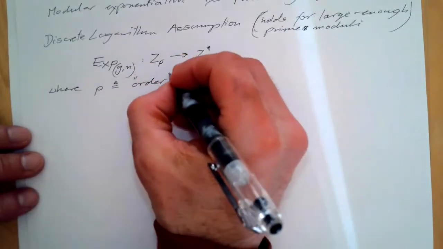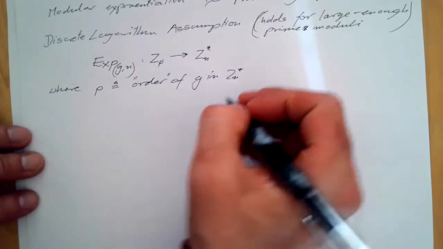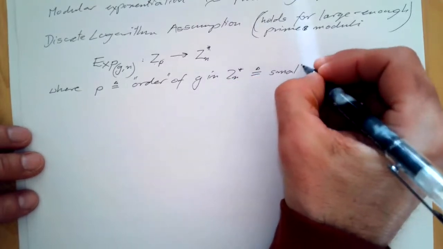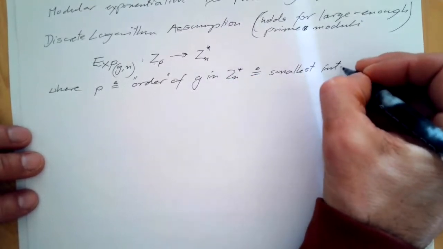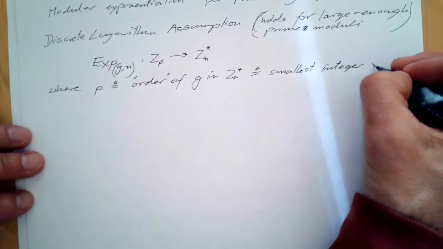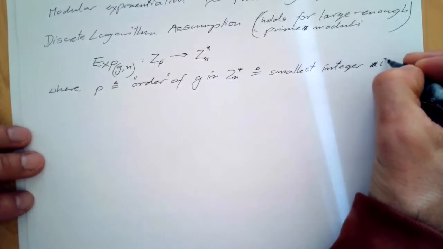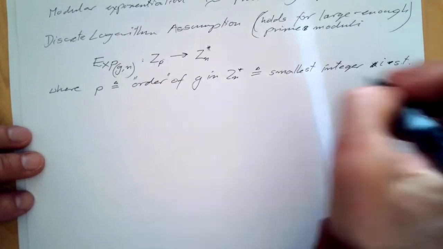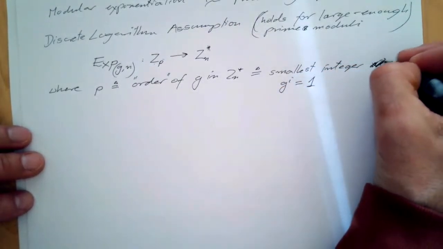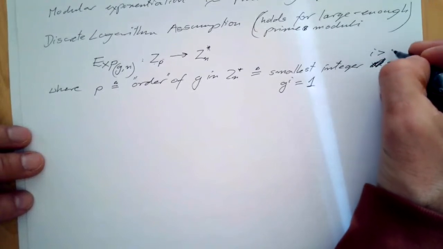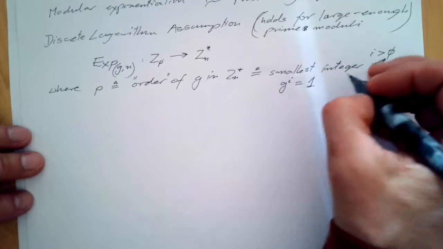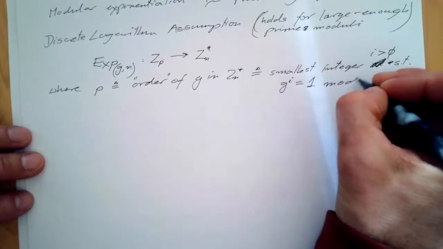So what is the order of an element in Z_n star? It is defined as the smallest positive integer i, it cannot be 0, such that g to the i is 1 modulo n.